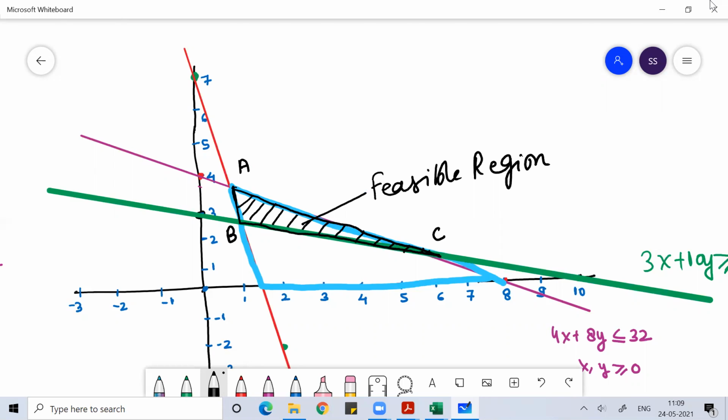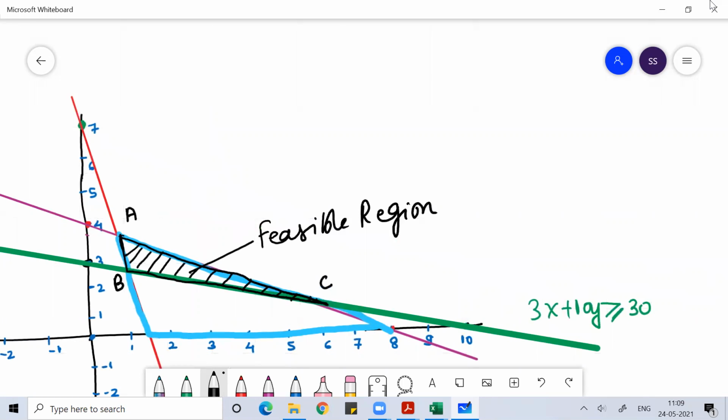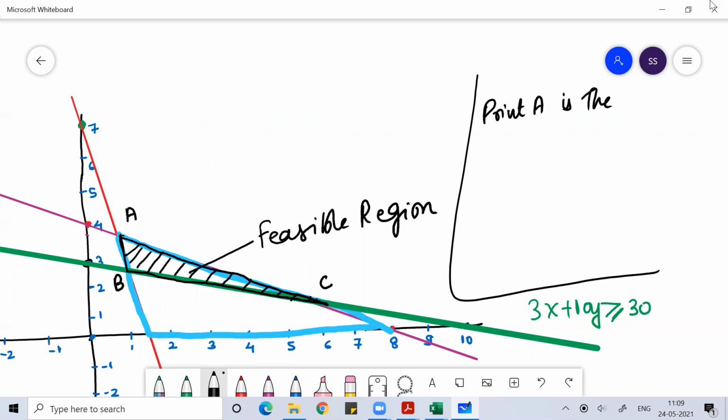So once I got this feasible region, I have to find the coordinate of each point. You have to understand point A is the intersection of which line?